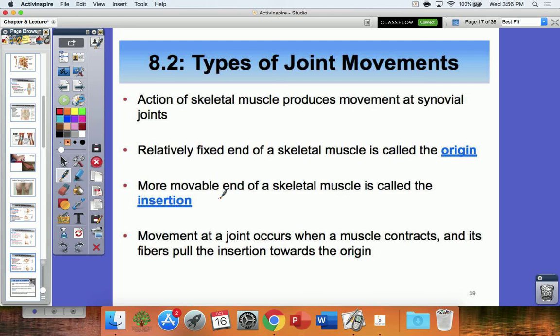So, for instance, if we were to flex our biceps, then the part that moves will be the insertion moving closer to the origin, and that is what causes the muscle to get shorter. That's what I was referring to with this bullet here. When we flex or contract a muscle, it's going to cause the insertion to be pulled towards the origin, and the muscle, of course, will get shorter.